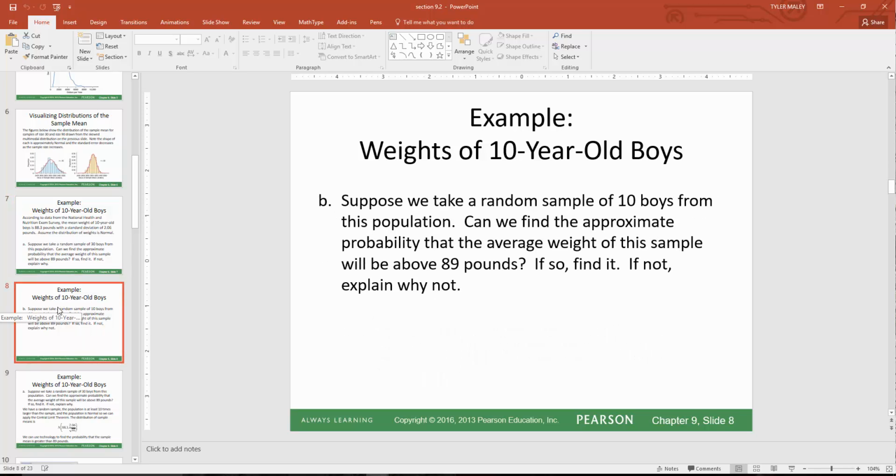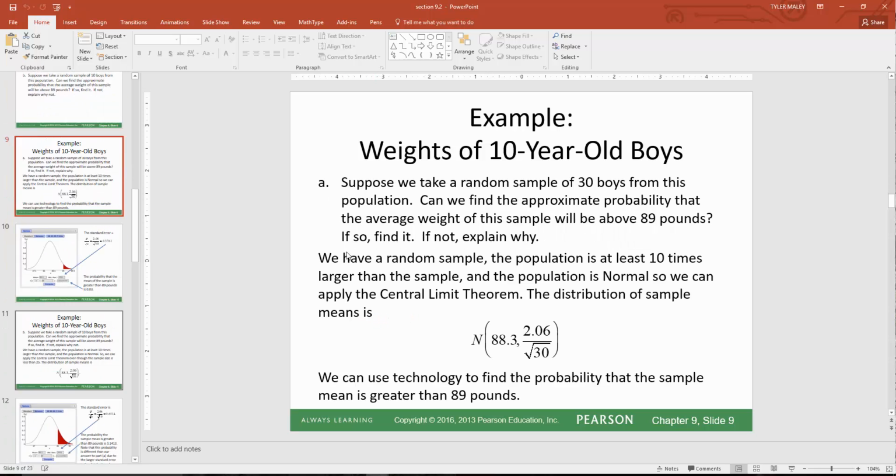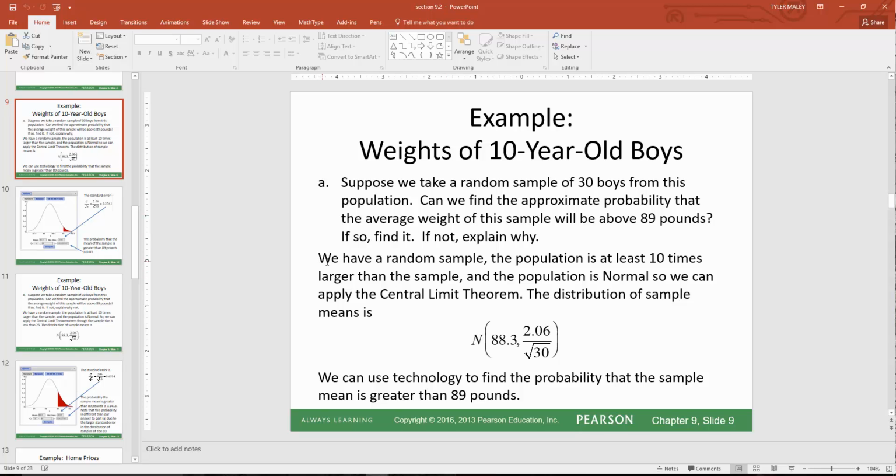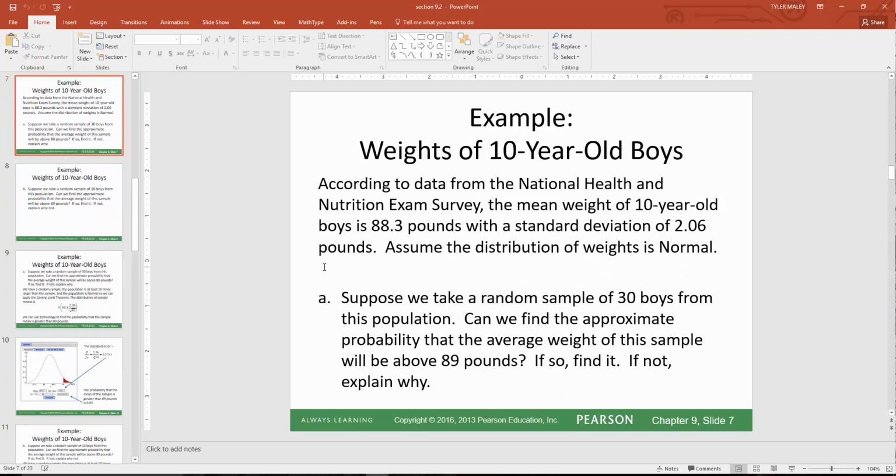And then there's a second part also that we'll get to. So part A, we just read. So you have to consider, we have a random sample. That was given. And we can assume that the population is going to be at least 10 times larger than the sample.